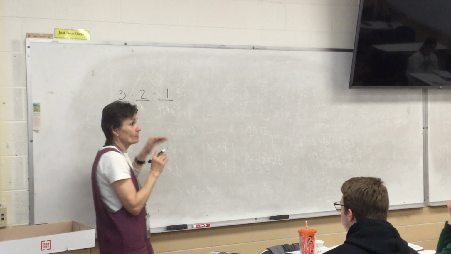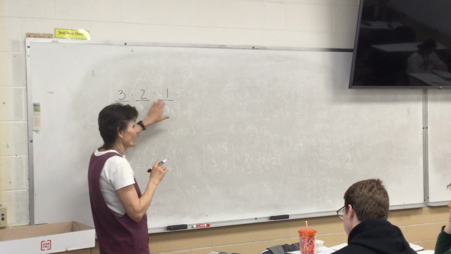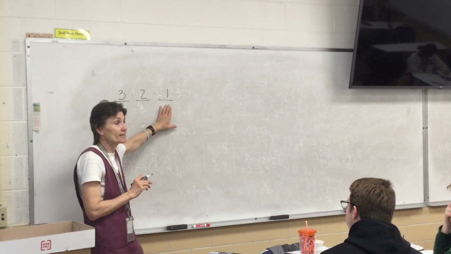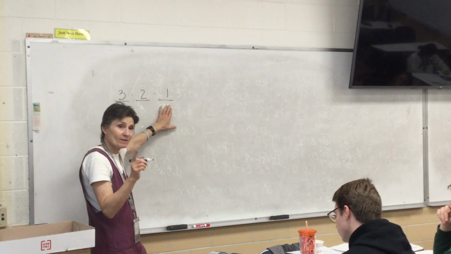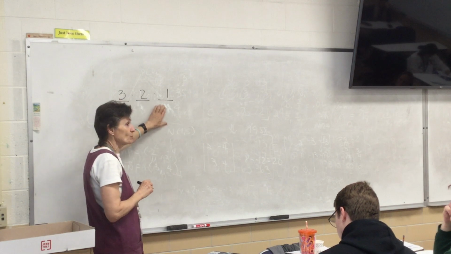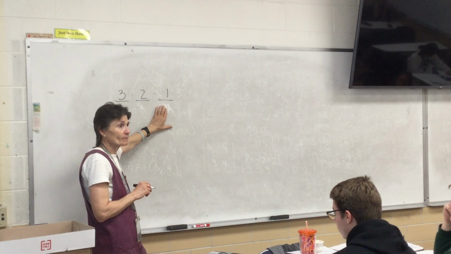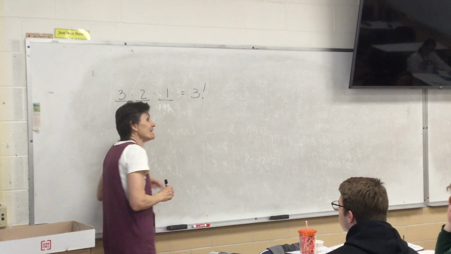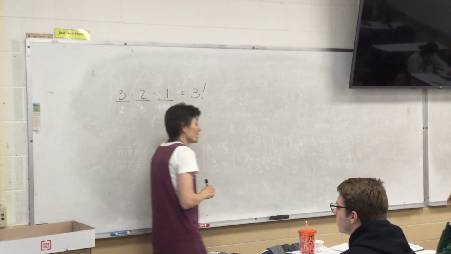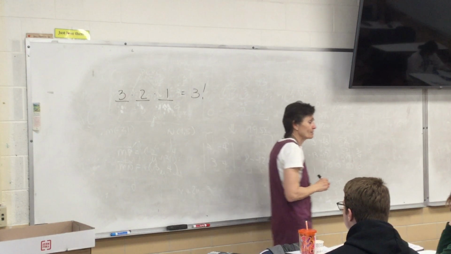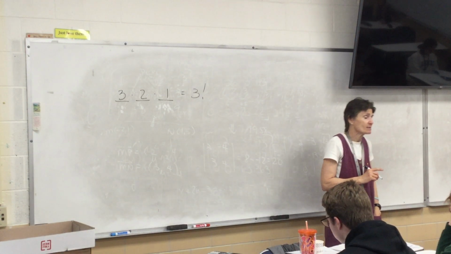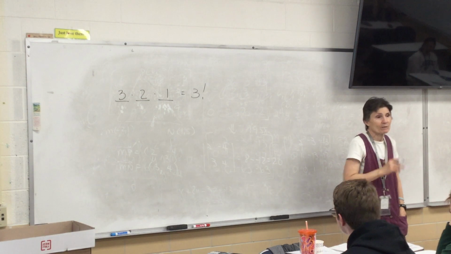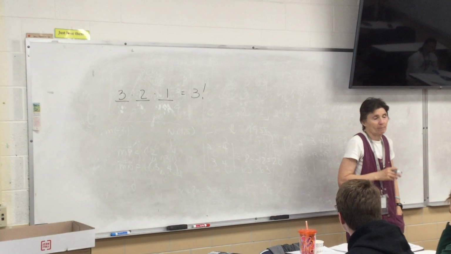So 3 and 2 and 1 choices gives me a total of 6 ways to do it. Very good. Does anybody know what 3 times 2 times 1 is called? Somebody said it earlier. It's 3 factorial. So in general, 3 different things arranged in a row is going to be 3 factorial. What if I had 4 people?